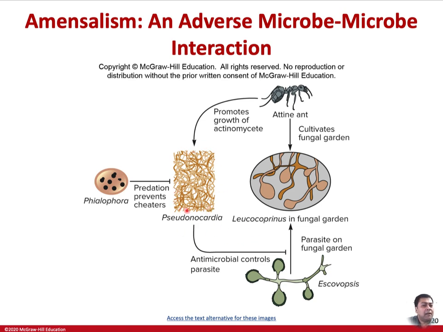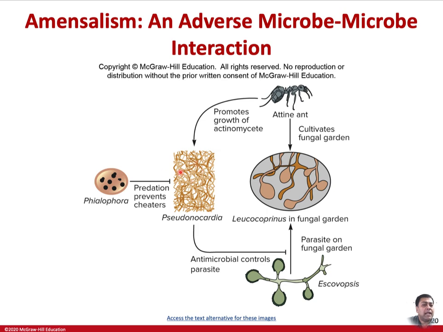This Phialophora species will only feed on the Pseudonocardia which are not producing the antimicrobial, because if they are producing the antimicrobial, Phialophora, being a fungus as well, will not be able to feed on those.